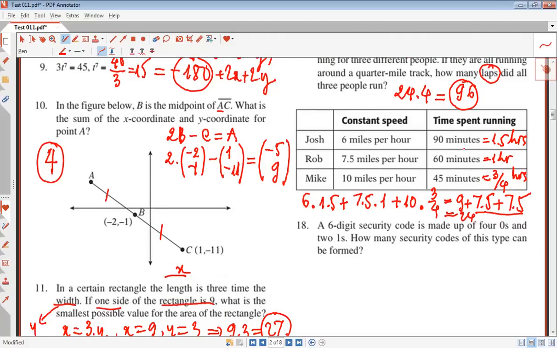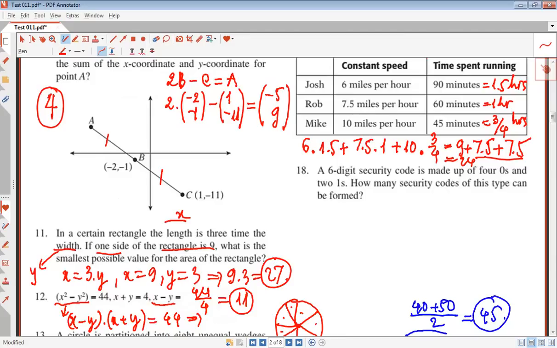Question number 18. A 6-digit security code is made of 4 zeros and 2 ones. How many security codes of this type can be formed?